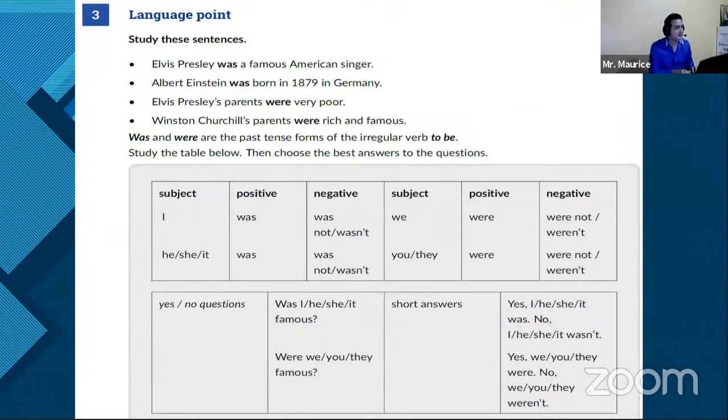Let me see someone who can help me. I think all of you, okay. Miss Emily Garcia, good afternoon. Miss Emily, are you there? Don't be afraid.